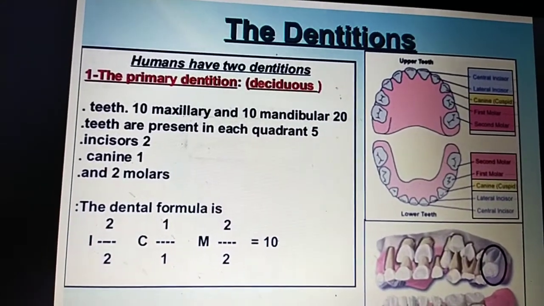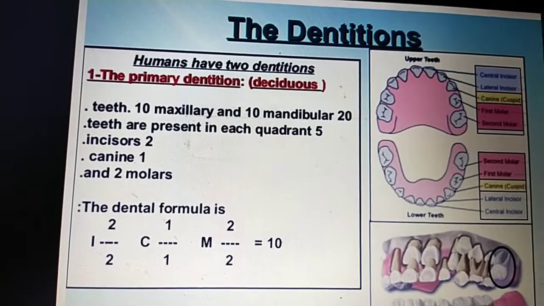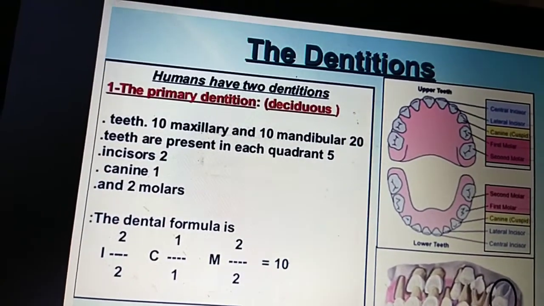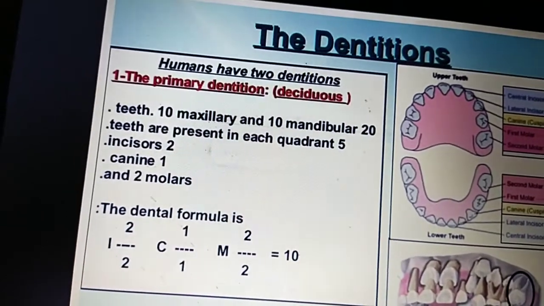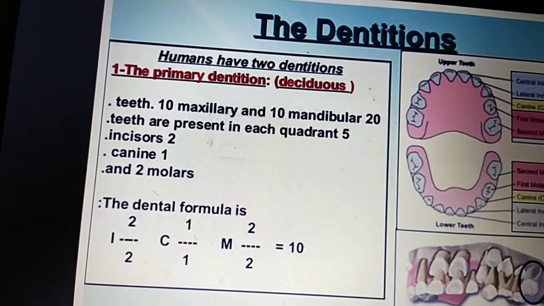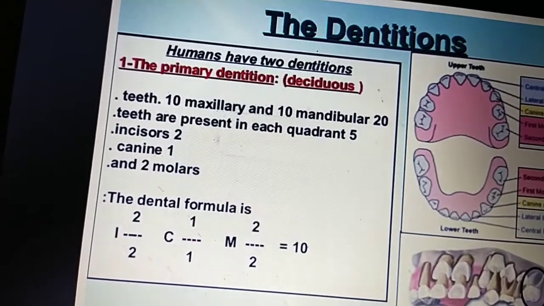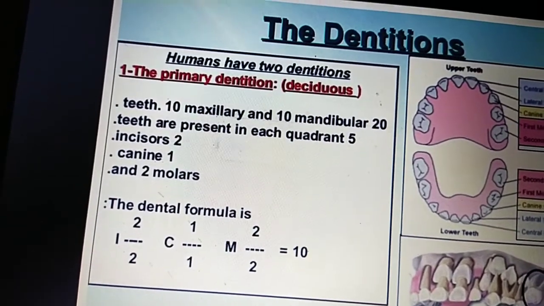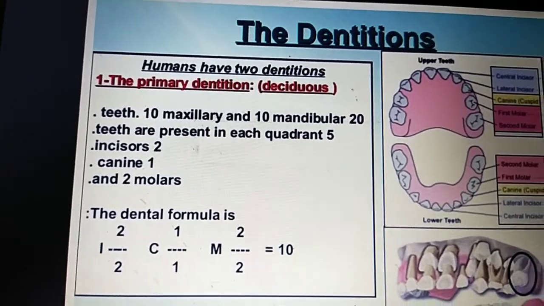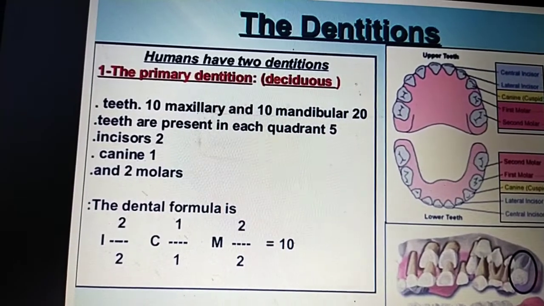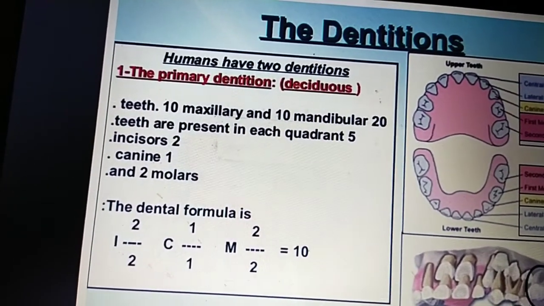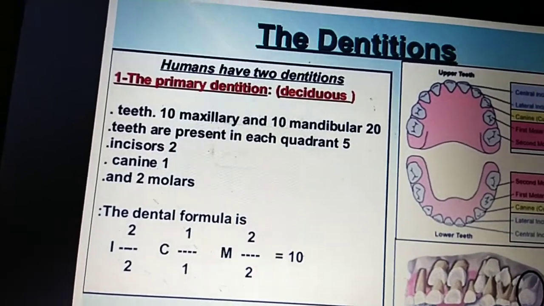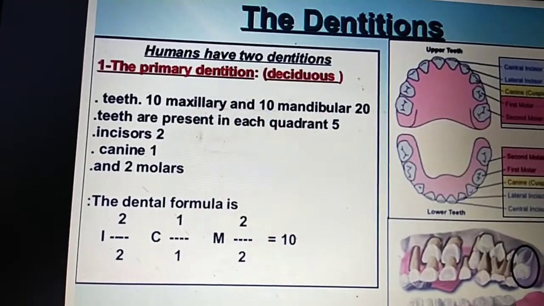Another one is permanent. The word deciduous comes from the Latin decidere, which means fall down or fall off. Deciduous means teeth that fall off. Those teeth are called deciduous or primary dentition.